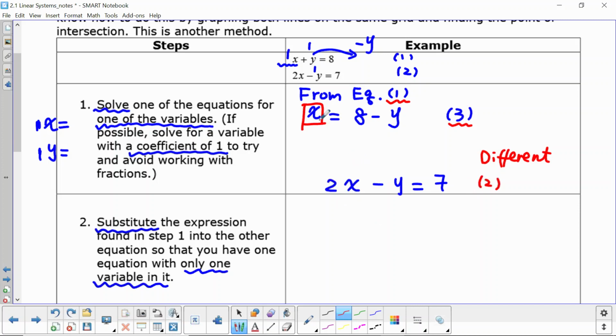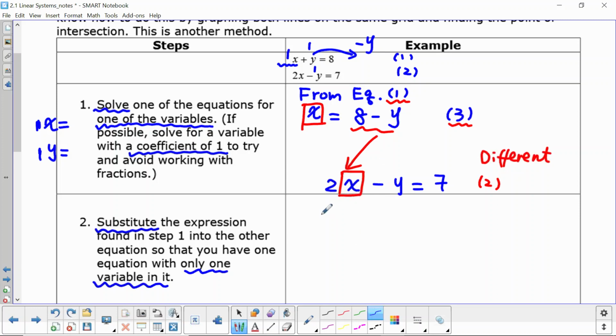So substitution means this is x, then you replace this x, substitute the equivalent of x into this equation 2's x. So replace this x with the right side.